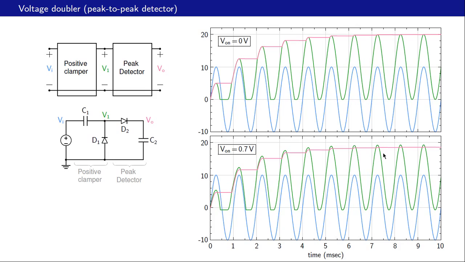Also, the peak detector does not detect the peak of V1, but its output is the peak of V1 minus 0.7. So we have two diode voltage drops involved, and therefore the output, the pink line here, is 2 Vm, which is 20 volts, minus 1.4 volts. And the circuit file is available to you to run this simulation and look at the various waveforms.